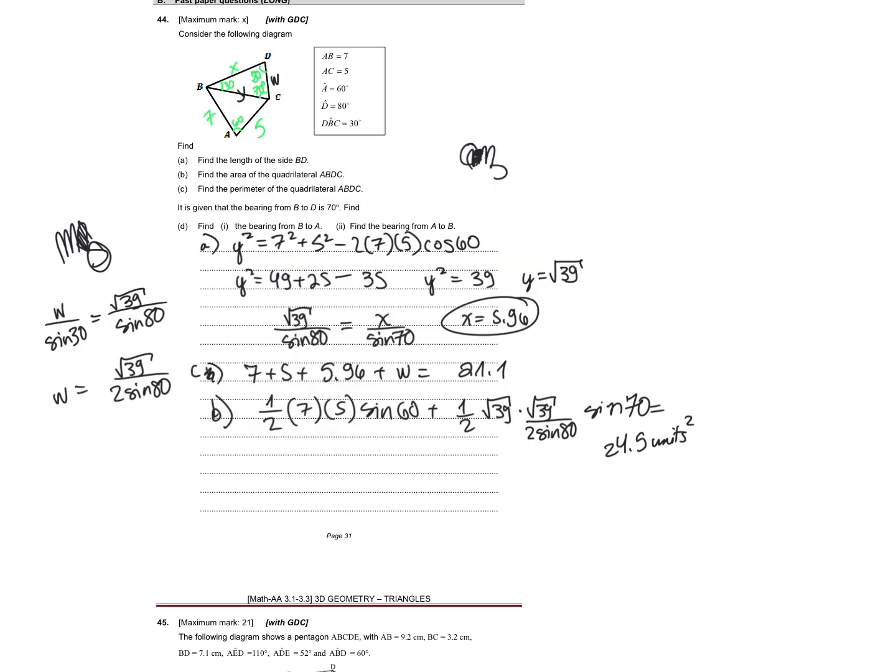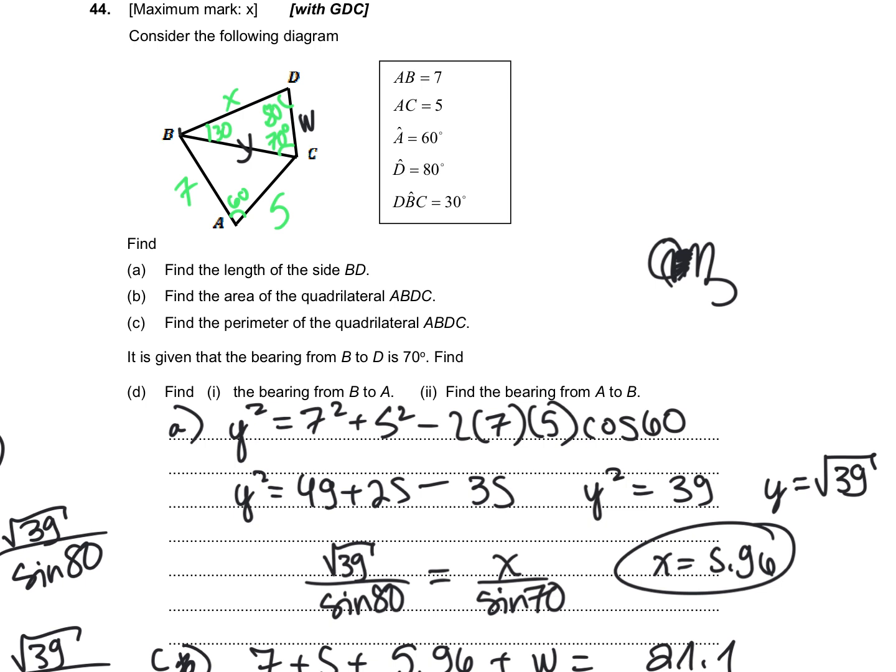And for D here, it's given the bearing from B to D is 70. So if this is north, we have this is 70. Find the bearing of B from A. Okay, hold on one sec.